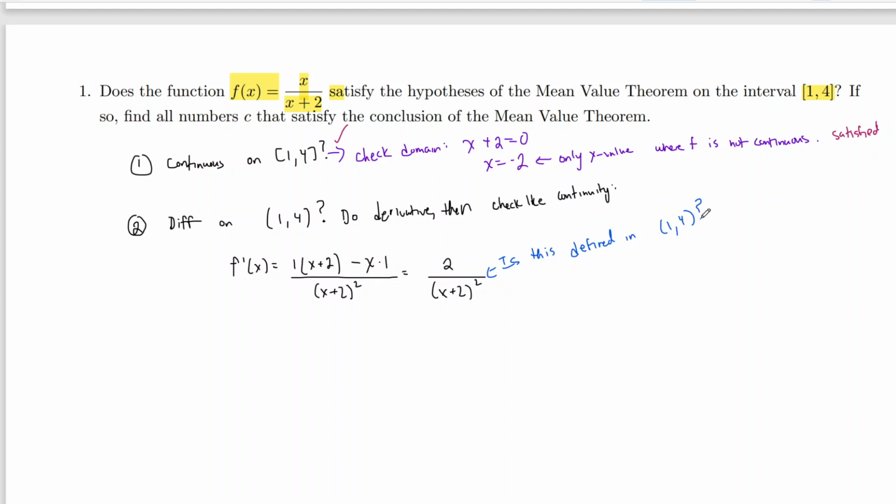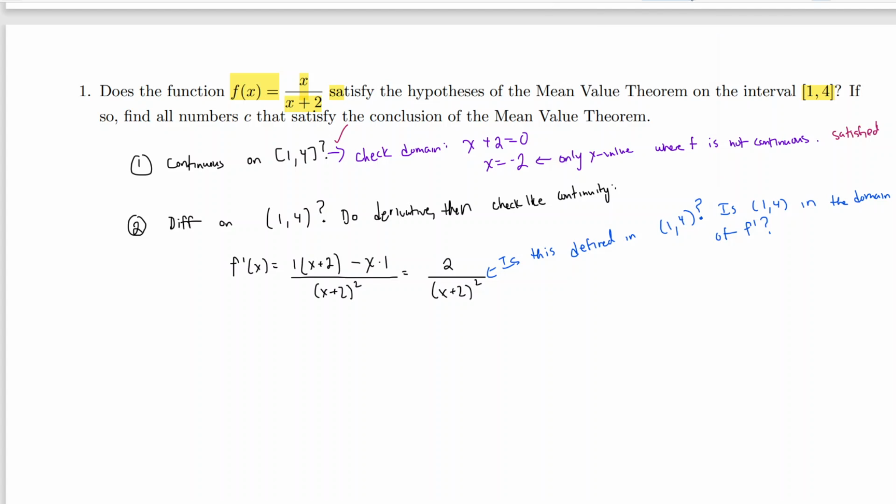We can kind of think about it as continuous from 1 to 4. We don't want to actually say that because the derivative doesn't have to be continuous, but is [1, 4] in the domain of f prime?